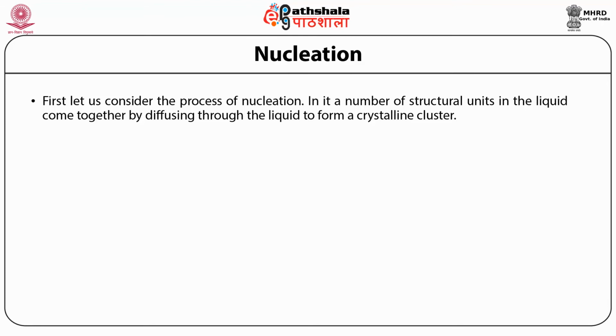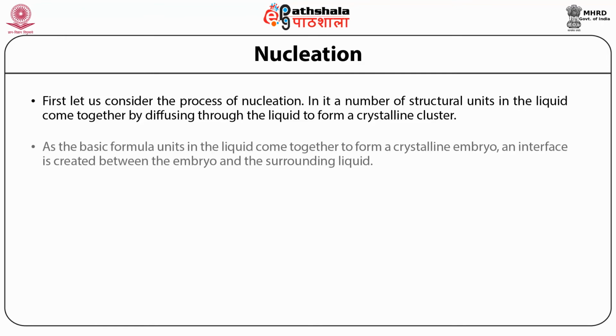These structural units can be a single atom, as in the case of a metal, or they can be formula units such as SiO4 in the case of silica. As the basic formula units in the liquid come together to form a crystalline embryo, an interface is created between the embryo and the surrounding liquid.